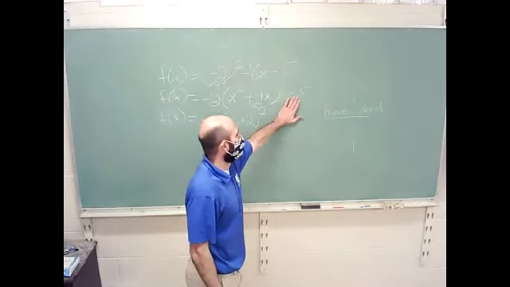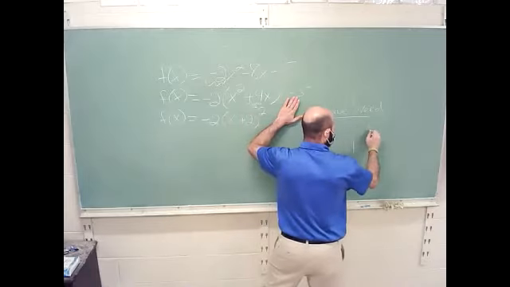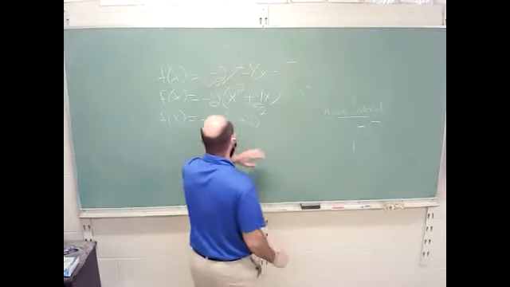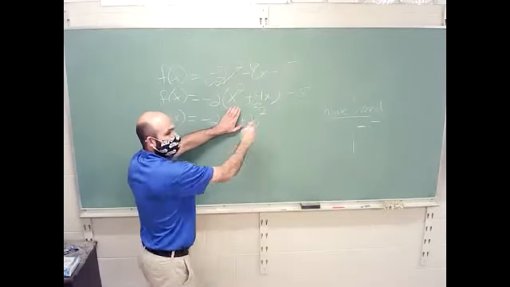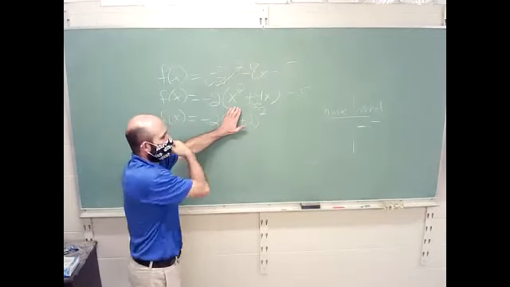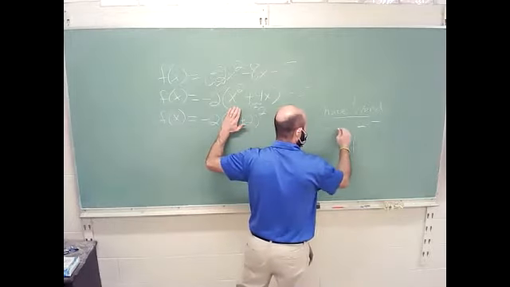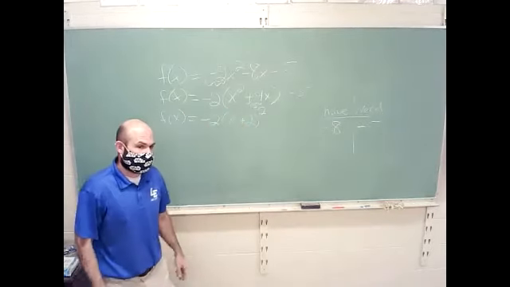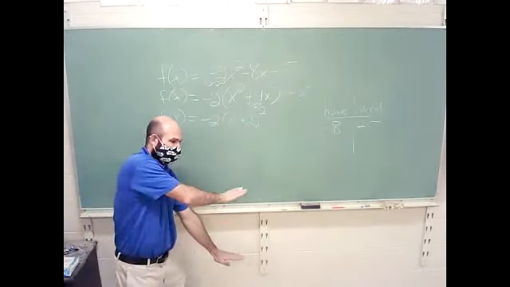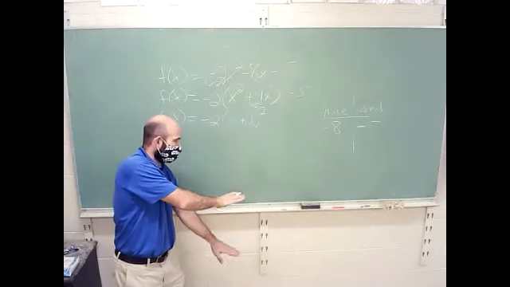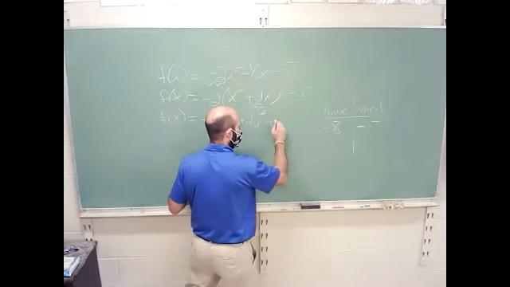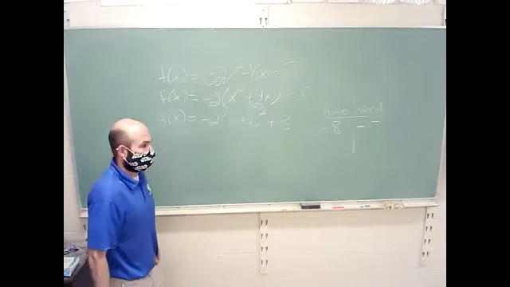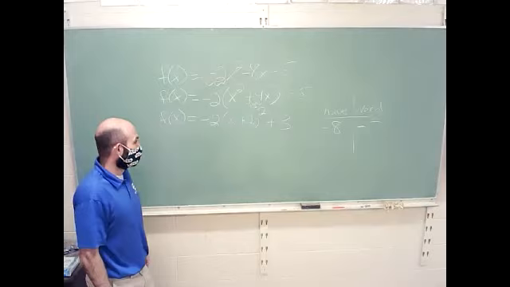I need minus 5. I cover that up: 2 squared is 4, times negative 2 is negative 8. I already have negative 8, and I need negative 5, which is a little bit higher. In order to get there, I have to move this up 3 spots. So plus 3. That is completing the square.